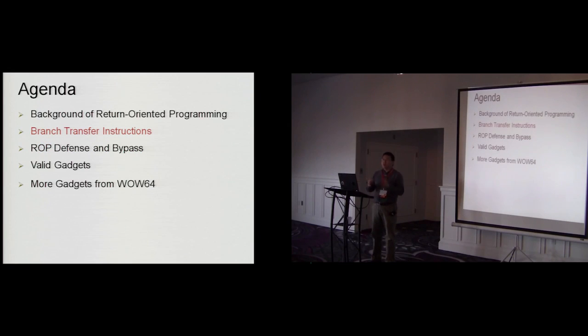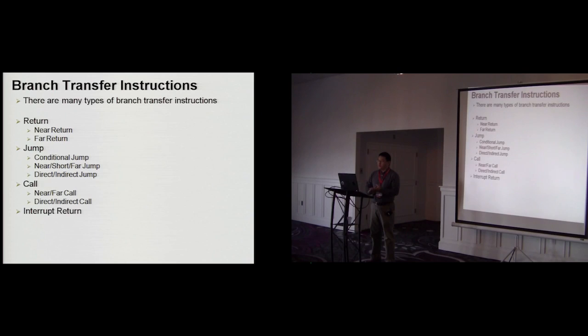Let's think about return, call, and jump. They are all approaches to reuse code. But if we think about code reuse from the branch transfer perspective, we find we have lots of different combinations or approaches to do ROP-style code reuse based on branch transfer. For example, we have the return: actually we have near return and far return.